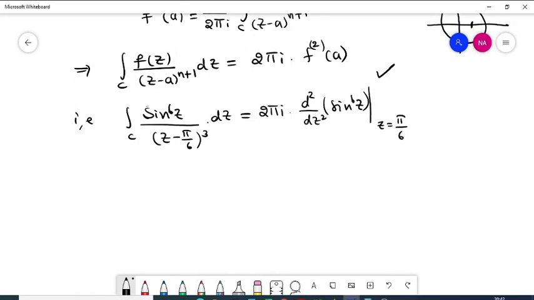Now let us take this as I, so that the expression does not break. I will be equal to 2 pi I. If you differentiate this once, it will be 6 sin power 5z cos z at z equal to pi by 6.